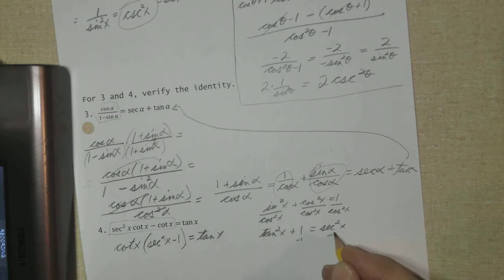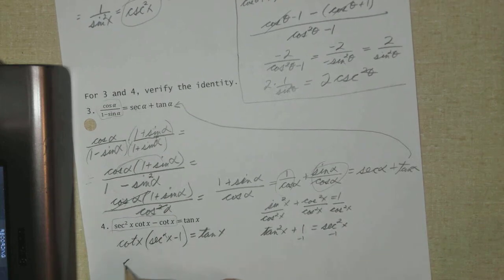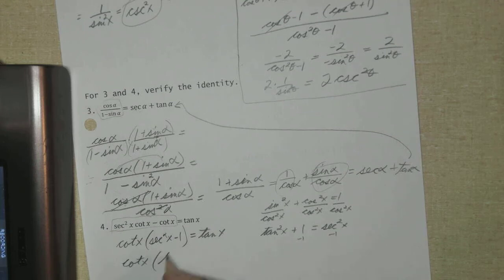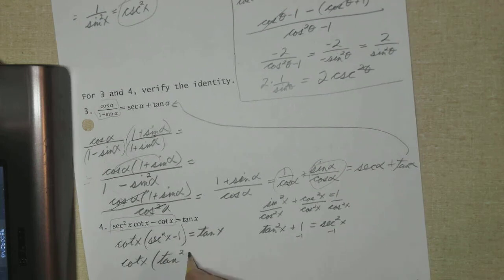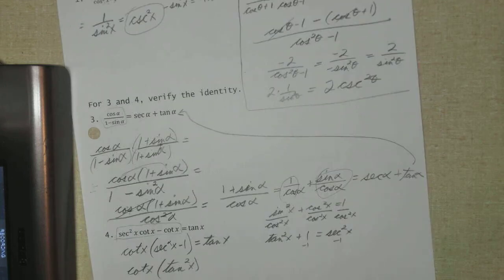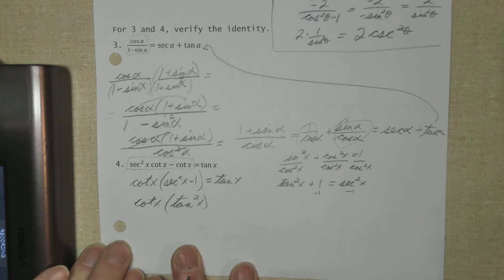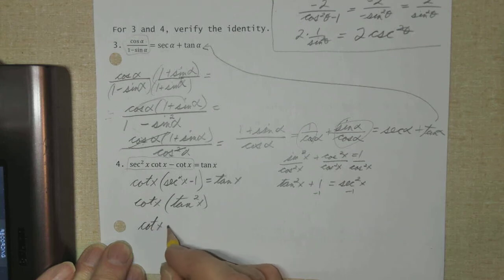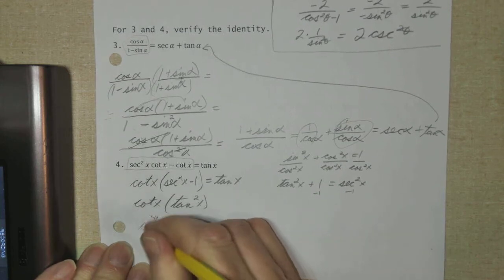And if I subtract 1, this is cotangent x times tangent squared x. Alright, I had to derive that because I forgot. And I'm going to split it up this way. I'm going to go cotangent x times, well, I'm going to actually just call this 1 over tangent x.